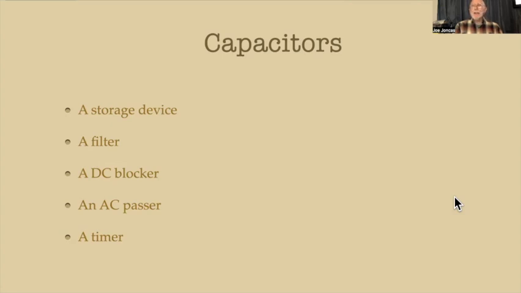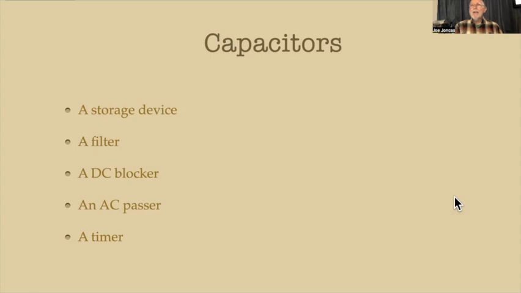But capacitors, these are magical devices. They do all kinds of things. They can be used to store electricity, and when they store electricity, they filter out stuff. If they're used in a power supply, they filter out the ripple that would be in the power supply.